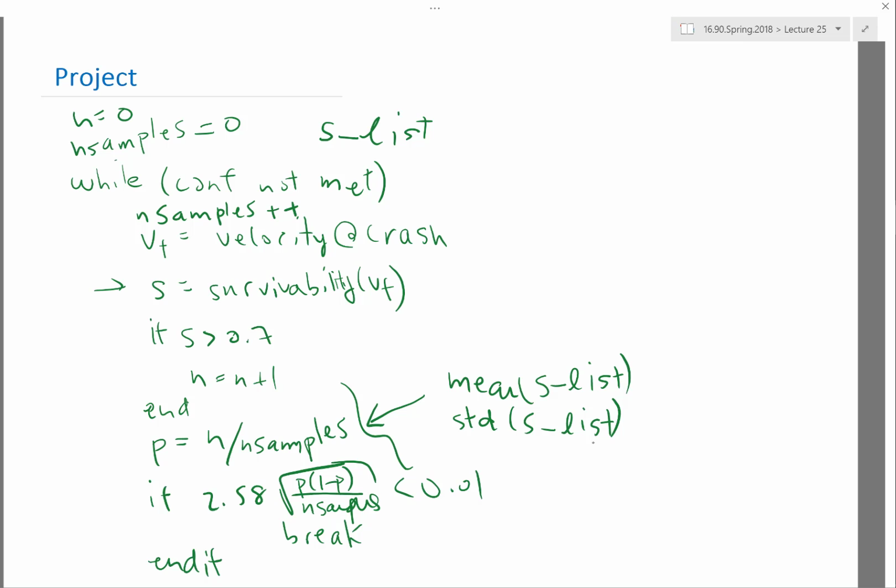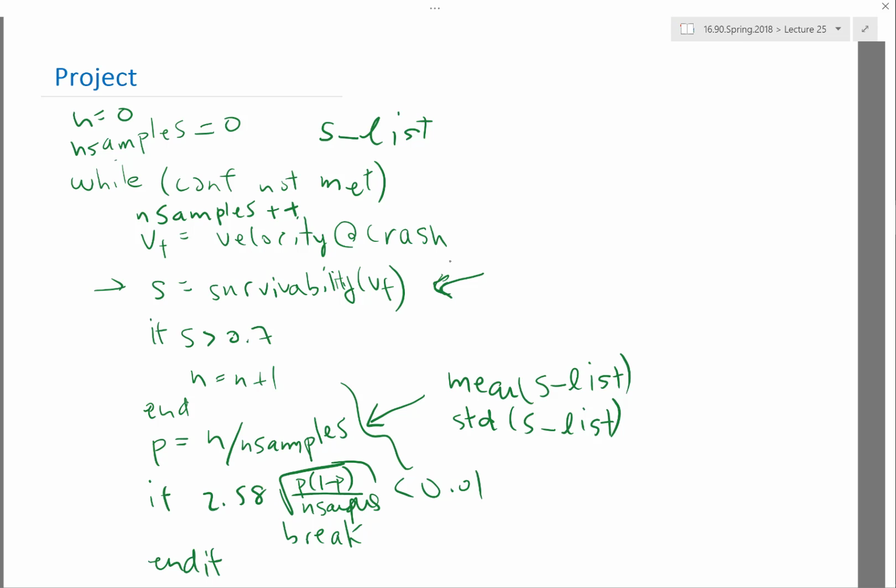If you keep a list of 0s and 1s and call STD, you'll get pretty much the same thing. But people were keeping the floating point values of this, and that's different from p times 1 minus p.